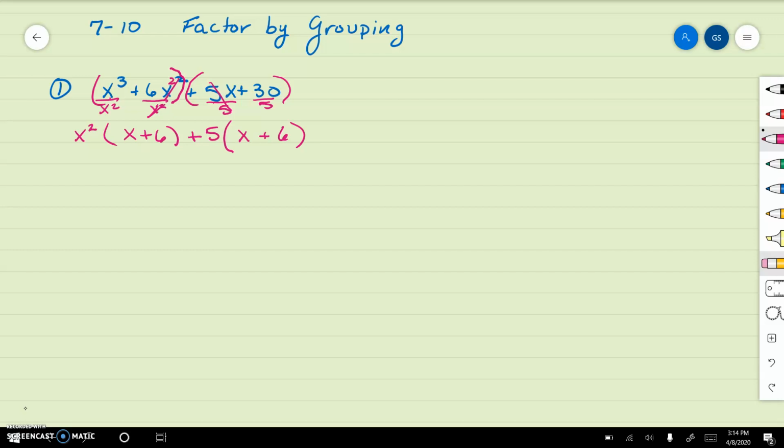So now our greatest common factor is x plus 6. We're going to write the x plus 6. That's actually our GCF. When we cancel out the x plus 6, what we're left with is x squared plus 5.